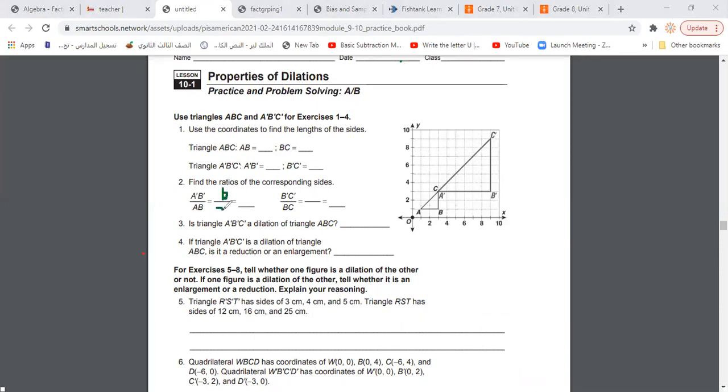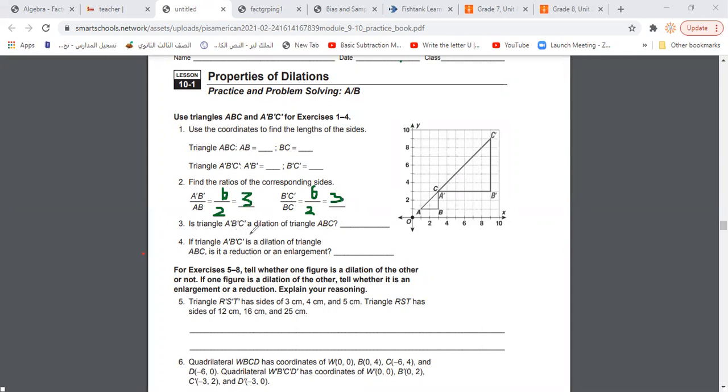What about B prime C prime? It was 6. And BC? 2. In simplest form, the first one will be 3, and this one will also be equal to 3.